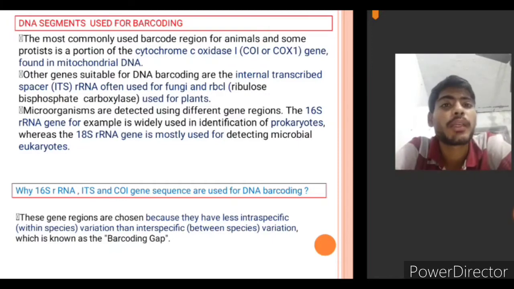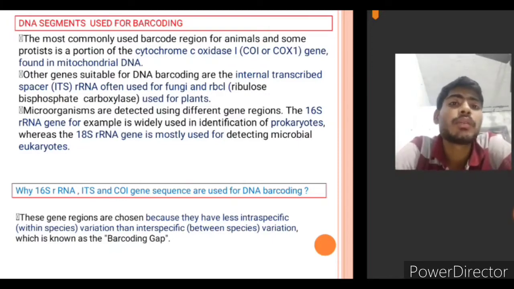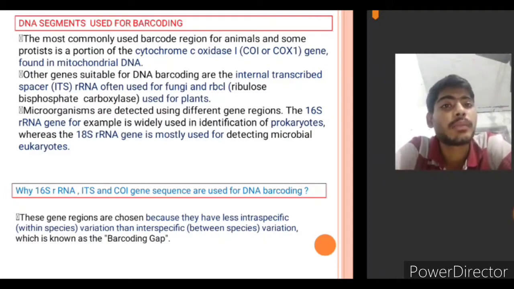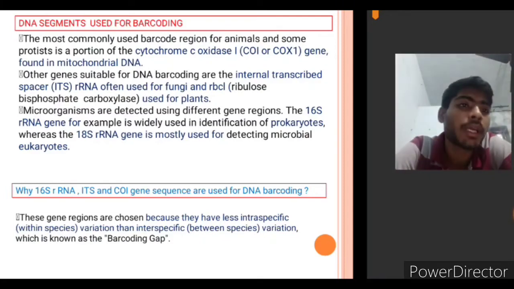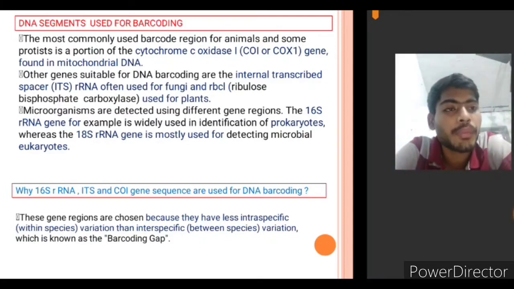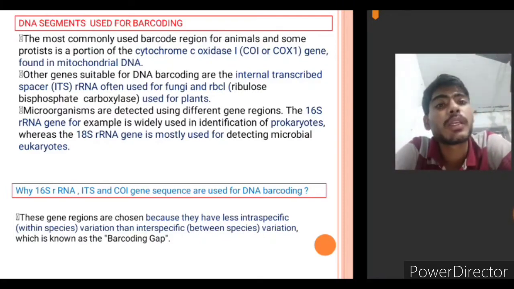Similarly, for plants we use rbcL, or ribulose bisphosphate carboxylase, or the matK gene, that is maturase K. Similarly, in the case of fungi we use ITS, internal transcribed spacer. For prokaryotic microorganisms we use the 16S rRNA sequence. Similarly, for eukaryotic microorganisms we use 18S rRNA genes for DNA barcoding.